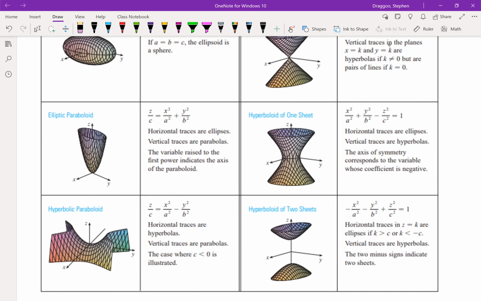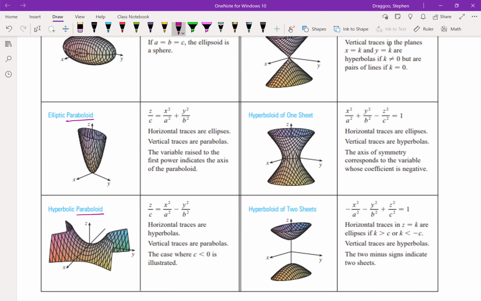So let's take a look at some similarities and differences between these shapes one last time. For the two types of paraboloids that we looked at, since it's a paraboloid, we should have at least one first order term and a couple of second order terms. Then we'll look at how those equations compare. For an elliptical paraboloid, we know that the traces should be ellipses.